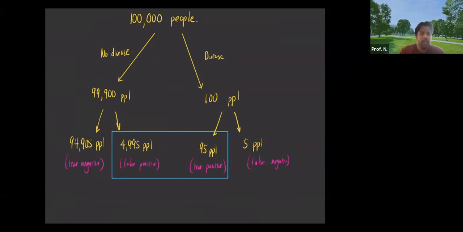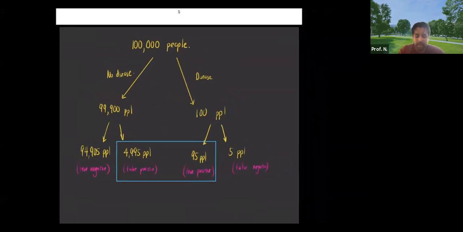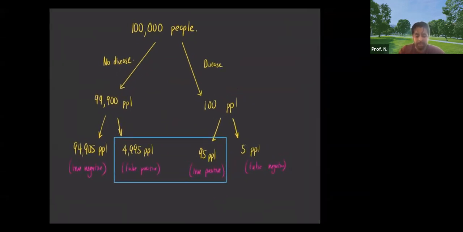This is an example of how these percentages that you hear can be misleading. So don't look at just the percentages when people throw things at you. You have to understand the whole context of the problem. You have 100,000 people, but the number of people that have the disease is really small.